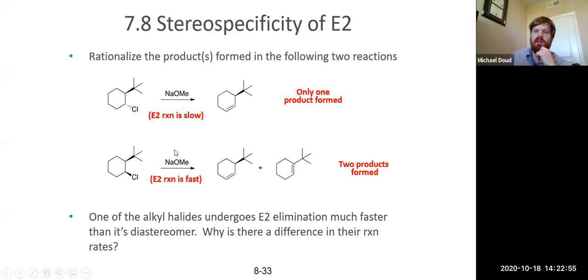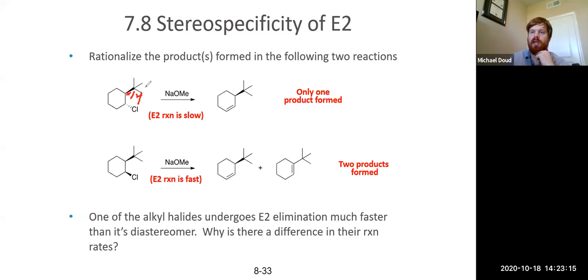So the reason that we get two different products down here versus one product up here is going back to what we saw before. We know that in this case, this hydrogen is poking down here. If the chlorine and the beta hydrogen are both cis to each other on this cyclohexane, then they're never going to be coplanar.